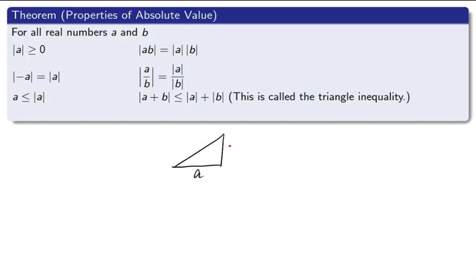This is based on a geometry theorem that this length is not a plus b because the sum of the two sides of the triangle has to be bigger than the length of the other third side of the triangle. That's why we call it the triangle inequality. Anyway, though, the main thing to know is that absolute value does not just split over a sum. It's less than or equal to if you split over a sum. And that's the properties of your absolute value.